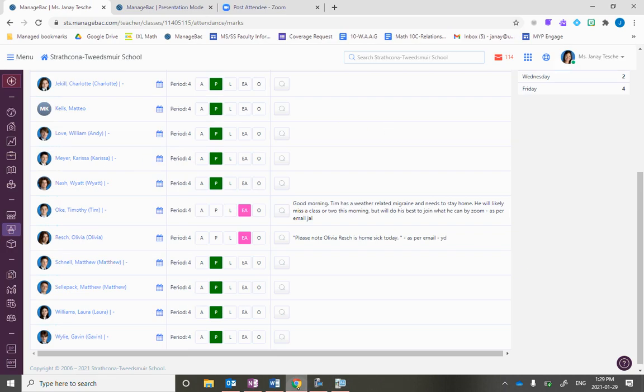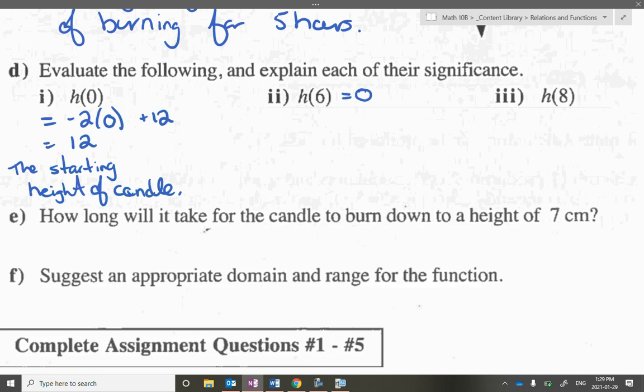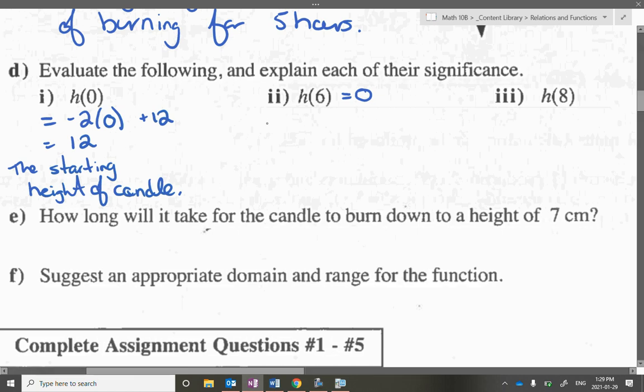So what does that mean? Go ahead, Mateo. -2 times 6 is -12. But you're totally right. But what's the meaning behind it? Not like, how did I do it? It's already burnt out. Good, right on. So there's no candle left.